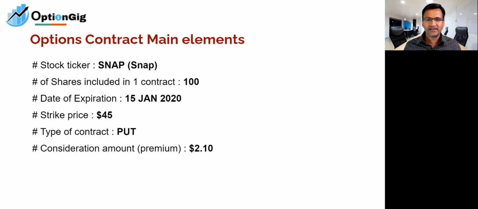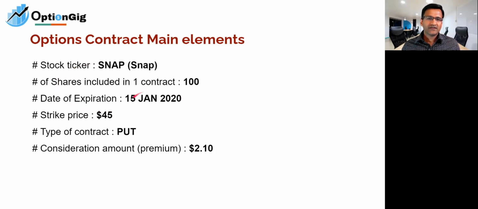Those are very different scenarios. But generally speaking, one option contract has 100 shares in it. That doesn't mean that every option contract behaves like 100 shares. We'll talk about that when we talk about delta. But for now, let's say one option contract has 100 shares in it.